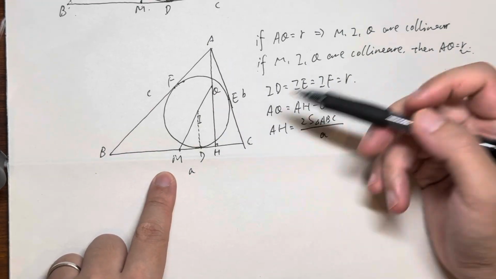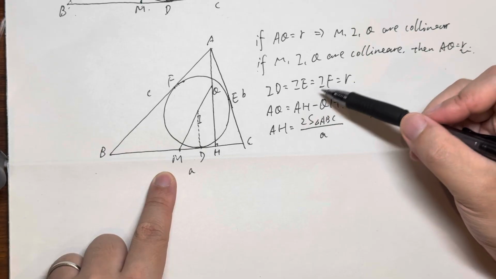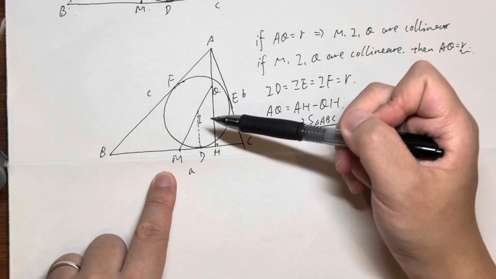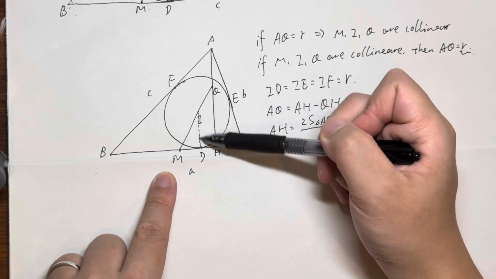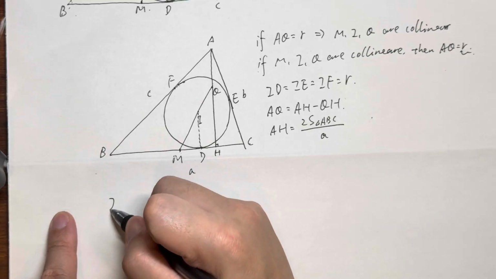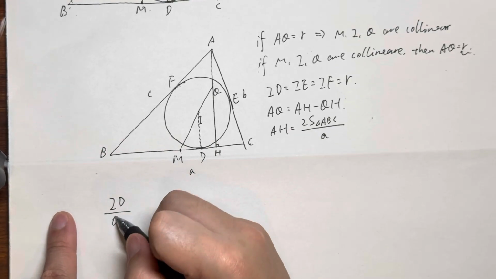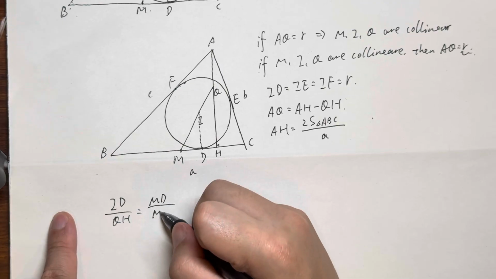What is QH? We want to find QH. So QH can be calculated based on the ratio of ID to QH, and we know that ID to QH equals MD to MH.